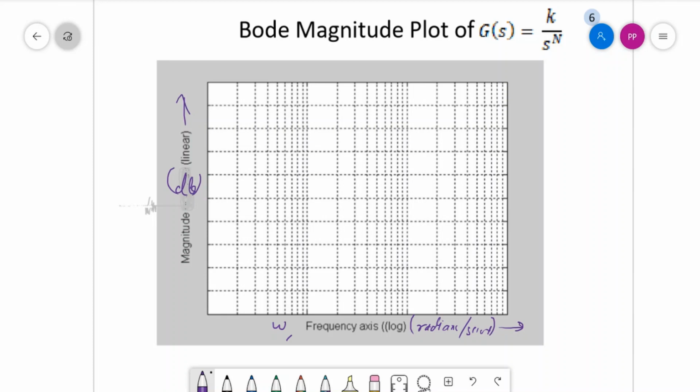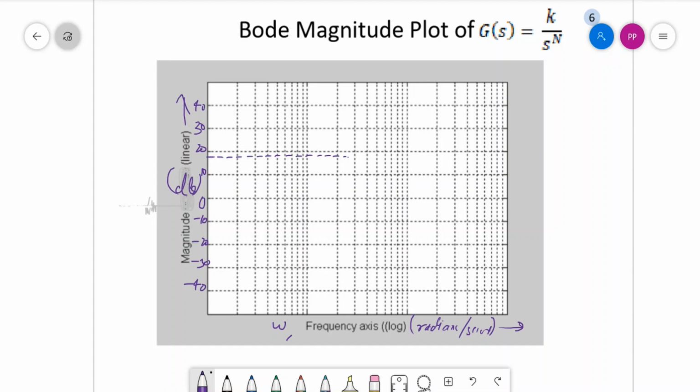I take the origin over here, 0, then 10, 20, 30, 40 like this, and minus 10, minus 20, minus 30, minus 40 like this. So 20 log k, maybe this value can come somewhere here. Just by assumption I am taking this value here. So this will be the asymptote for 20 log k.